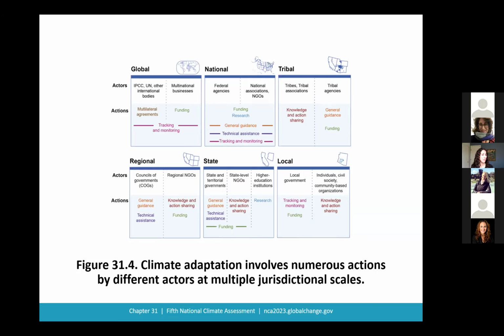A few promising ones that we talk a little about in the chapter are firstly having a single government entity lead coordination of an interorganizational group. So that group is representing a lot of different organizational types, but they're trying to work together in a somewhat coordinated fashion, aligning all of their priorities.